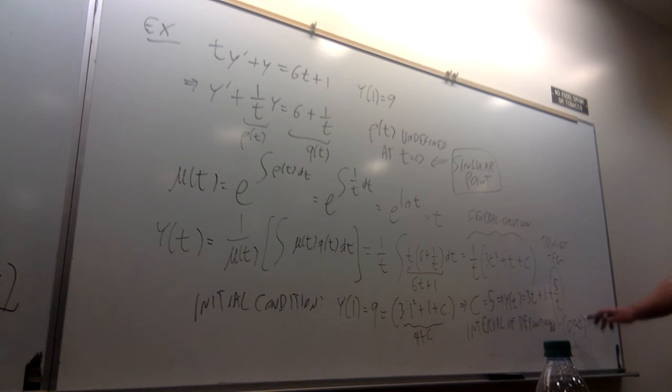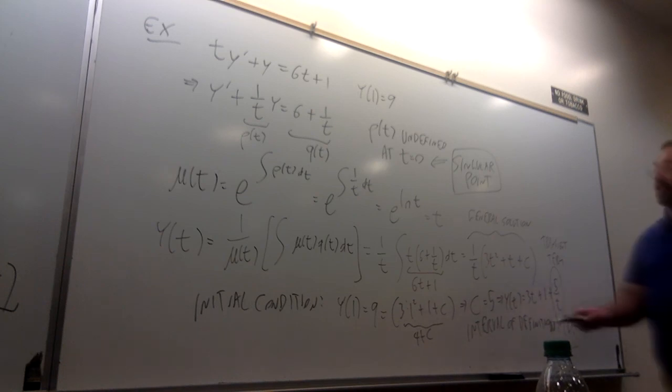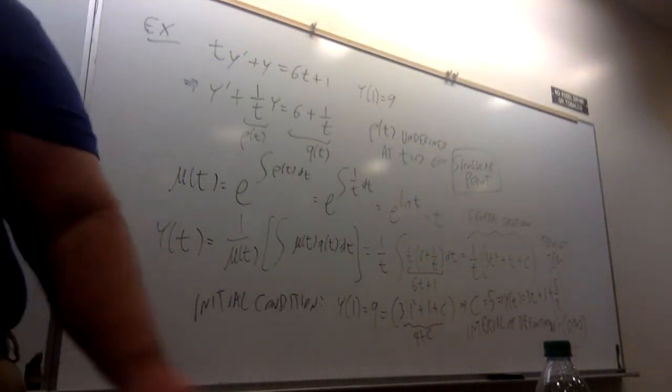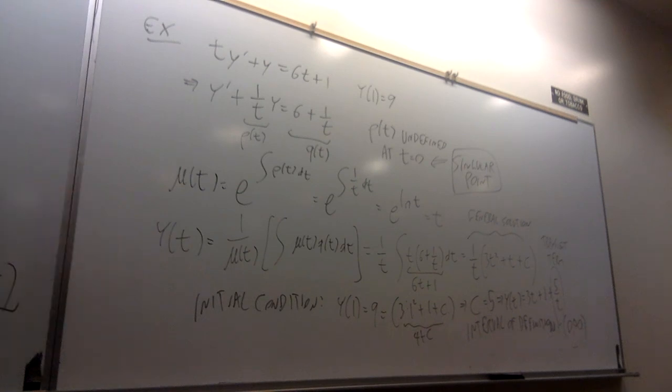So this is the largest interval in which it's possible to define this solution. Whereas if the initial condition had specified a negative initial time, which would be kind of strange, but mathematically you can do it, then up to 0 would be the interval of definition in that case. So when you're making an interval of definition, it has to be an interval that contains the initial time if an initial condition is given.